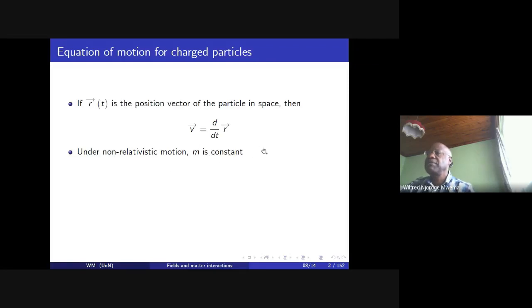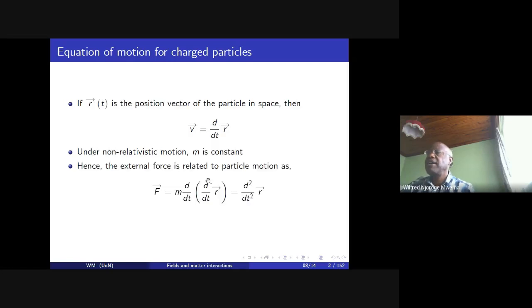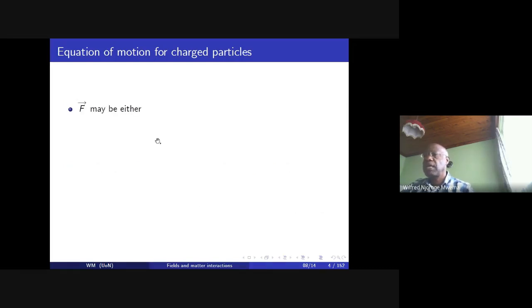Okay, so for our cases, the v's are going to be very much smaller than c, and therefore we can say that m is going to be a constant, and therefore Newton's second law of motion just becomes F equals m d²/dt² of r, and you see that is the second derivative of the position vector of the particle as time progresses.